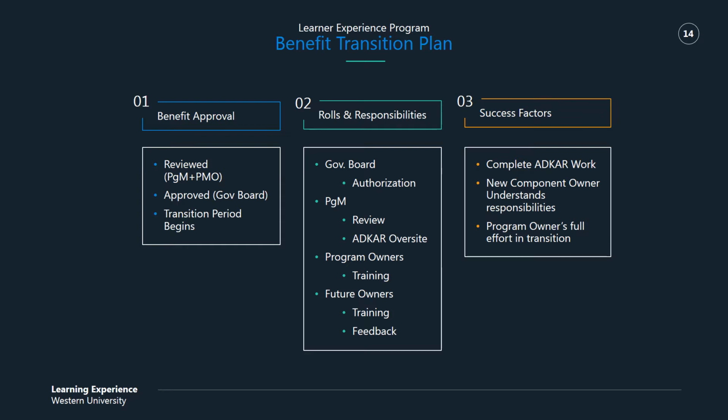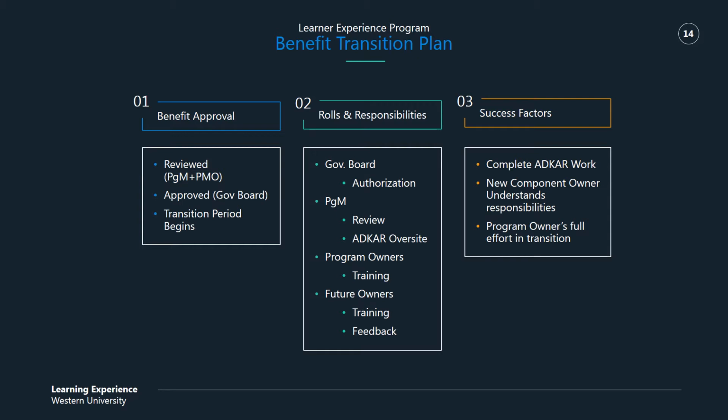These transition activities aren't necessarily purely transition activities. They go along with our ADKAR work to make sure that the people who will be taking over these understand why we're doing them. They understand that there's benefits for them, and we need to make sure that those benefits for them are being achieved. All of those activities are taking place during various program activities.